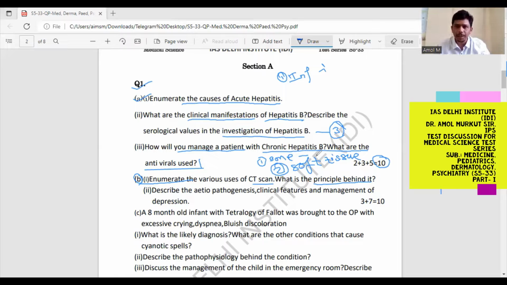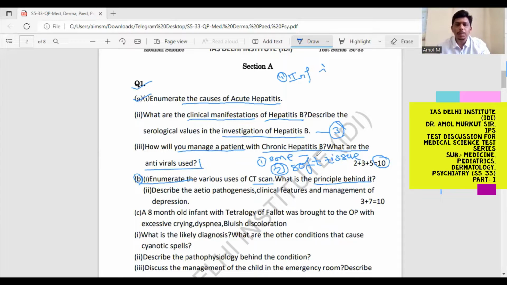Malignancy, then spread of malignancy, then CT guided biopsies. In case of body cavity, it can show any pathology in, say, the abdominal cavity, any fluid accumulation, and in case of stroke, you can analyze the brain with CT scan. So these uses are sufficient.